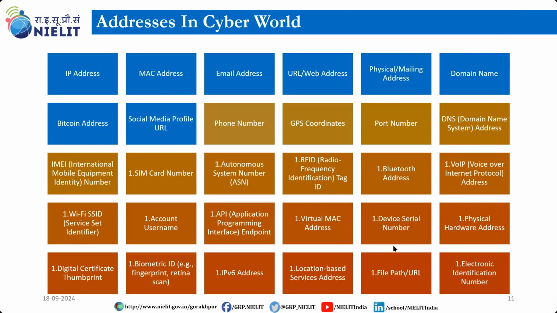So these are some common examples of addresses used in the cyber world, and many times it is very helpful as evidence to investigate particular types of cyber crime in the digital world.